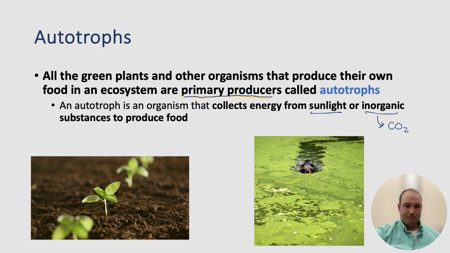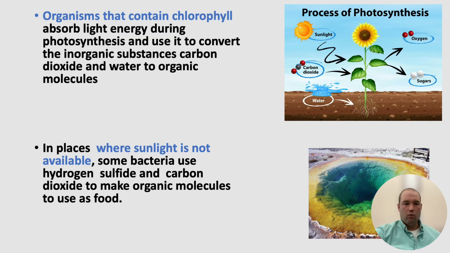So we have our plants, and we can also have other things like algae, which perform photosynthesis. Organisms that contain chlorophyll, like trees, anything that has a green tint to it, contain chlorophyll. Chlorophyll is what is absorbing the sunlight, and it absorbs light energy during photosynthesis to convert the inorganic substances, carbon dioxide and water, to organic molecules.